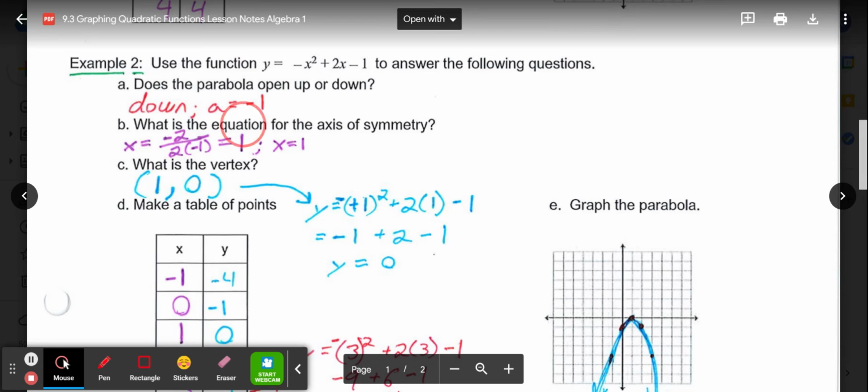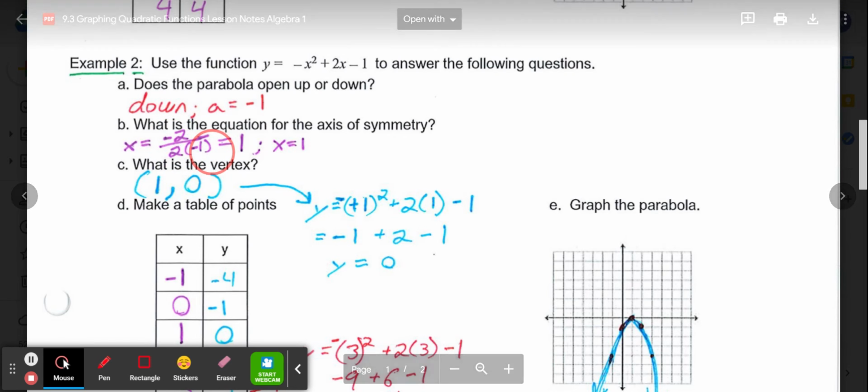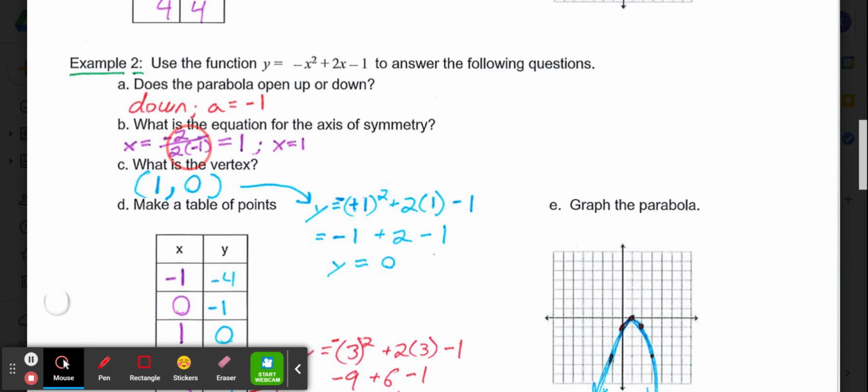Skipping back, this one. What is the equation for the axis of symmetry? On this equation still, b is 2, a is negative 1. So opposite of b would be a negative 2 on top, over 2 times negative 1 on the bottom. Negative 2 over negative 2 is 1. So for axis of symmetry, x equals 1.